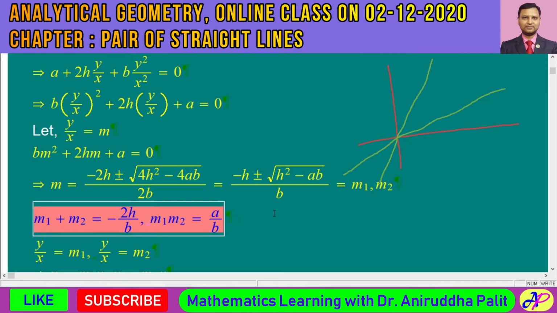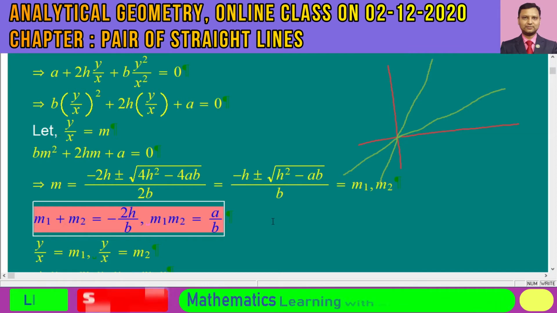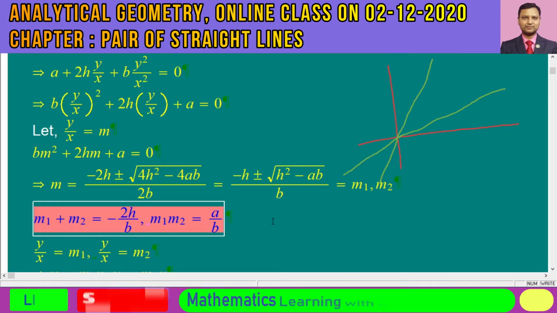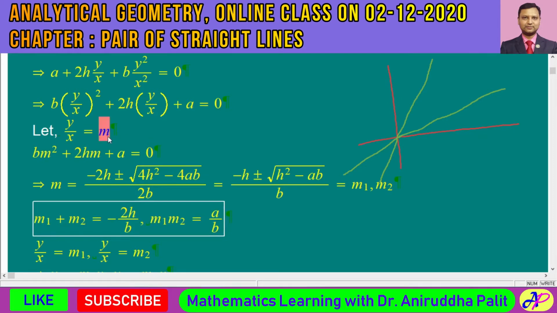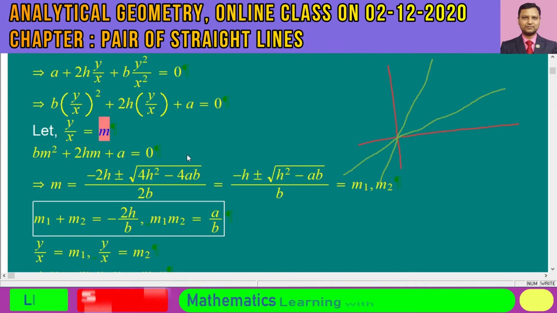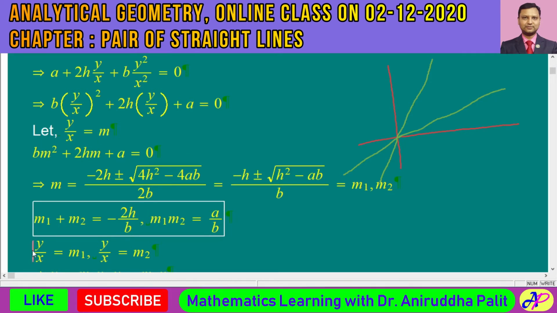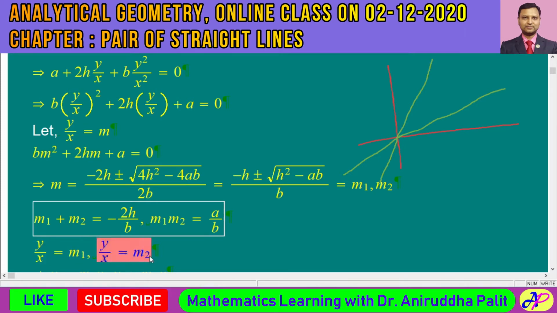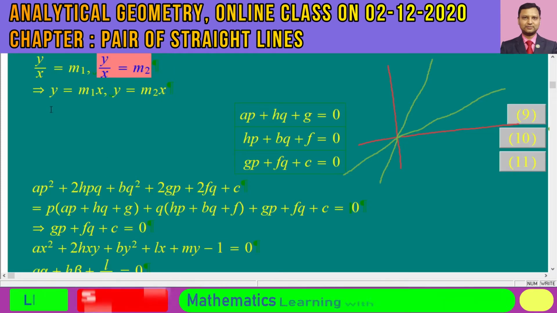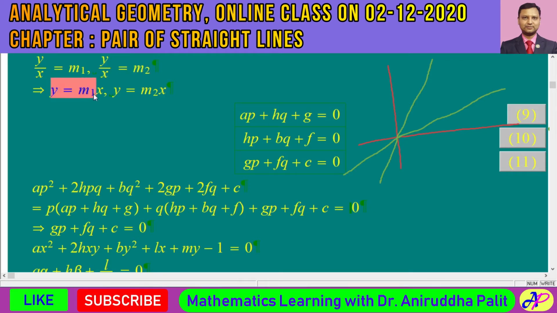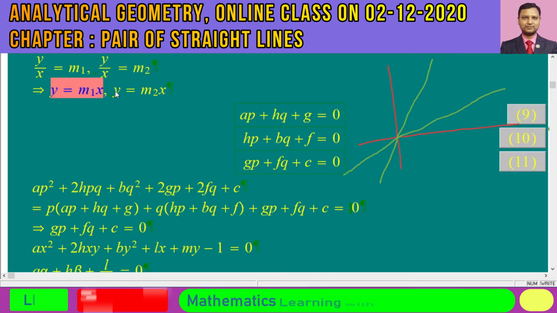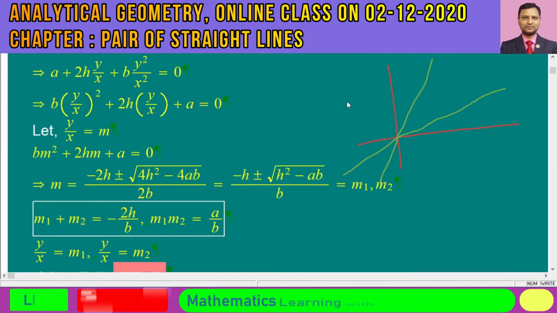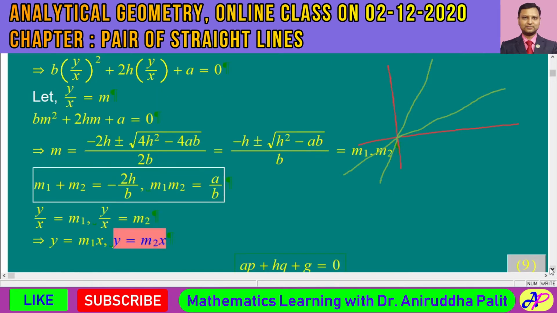So over here we actually get two values of m. Let us call them m1 and m2. Now if we put m is equal to m1 in this relation, in that case we will get y by x is equal to m1. For m is equal to m2, we would get y by x is equal to m2, and therefore y is equal to m1x, and the second equation would be y is equal to m2x.